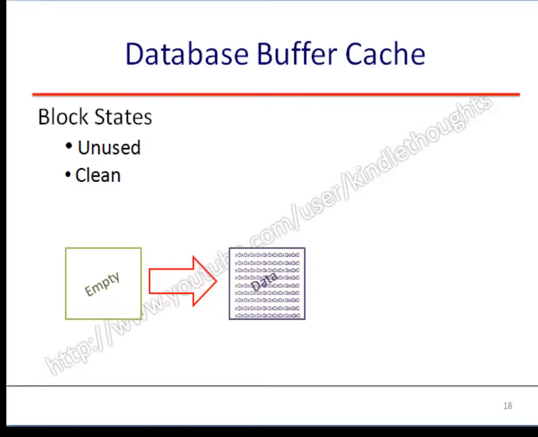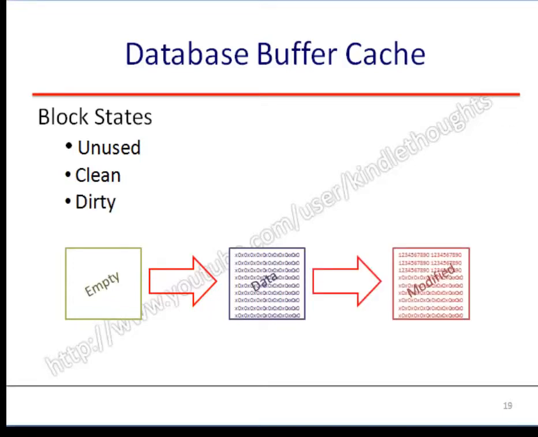What happens here is, if some other data request comes in and there is no space in the memory buffer cache, then Oracle would reuse the same buffer for getting fresh information. On the other hand, if this data is modified, it is referred to as a dirty buffer.